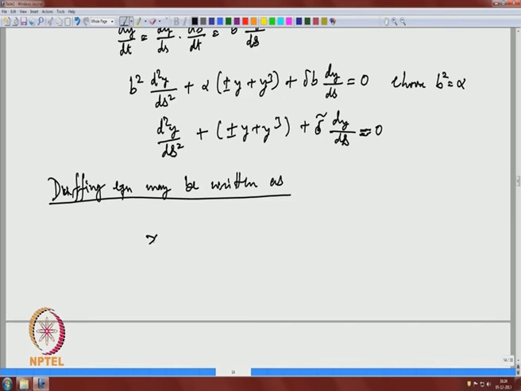So, again we go back to the original variables: plus or minus x plus x cube plus delta x dot equal to 0. So, we consider this simplified version. Okay. So, let me just go on a little bit. Okay. So, let me just consider the plus sign.